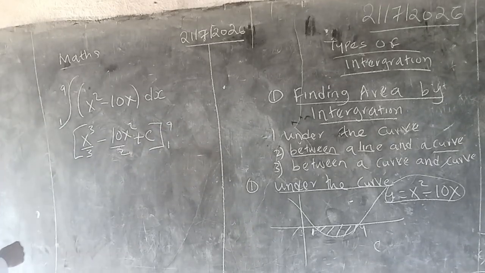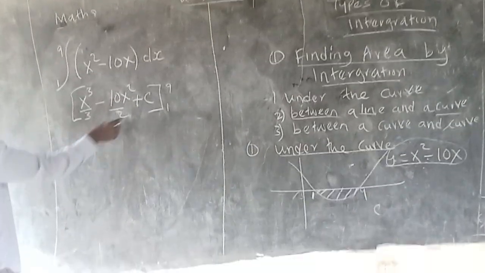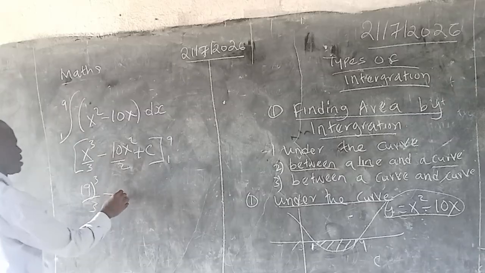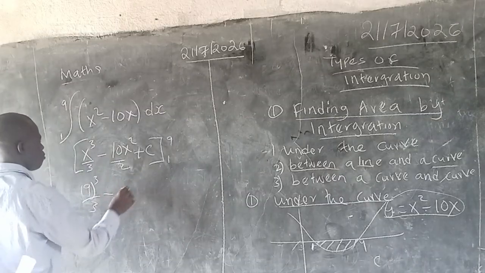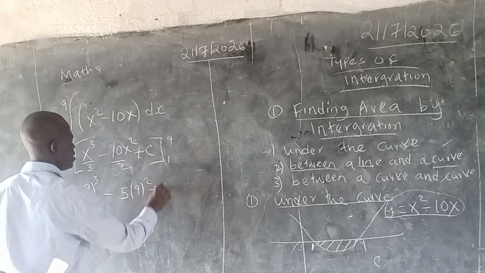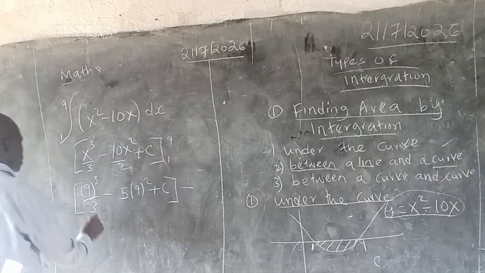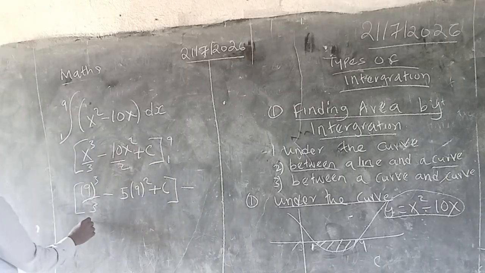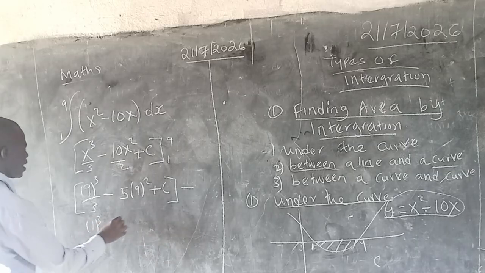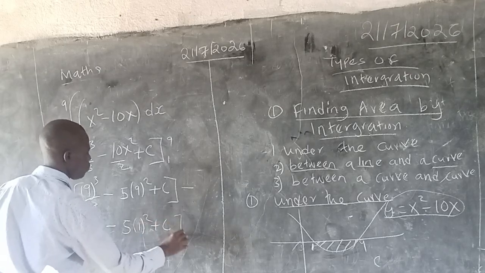Now, students, we replace x by 9, that is 9 cubed over 3 minus 5 into 9 squared plus c. From this we subtract 1 cubed over 3 minus 5 into 1 squared plus c.